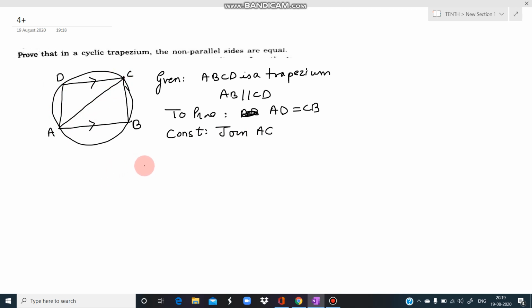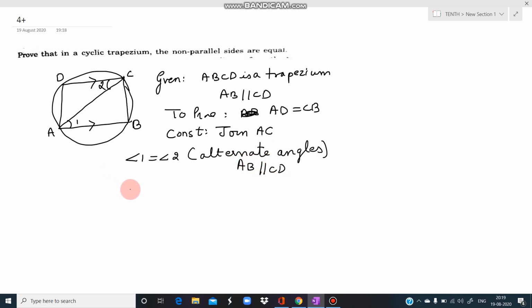We join AC. Now, since AB and CD are parallel, if I take this as angle 1 and this as angle 2, angle 1 is equal to angle 2 because they are alternate angles, as line AB is parallel to CD.